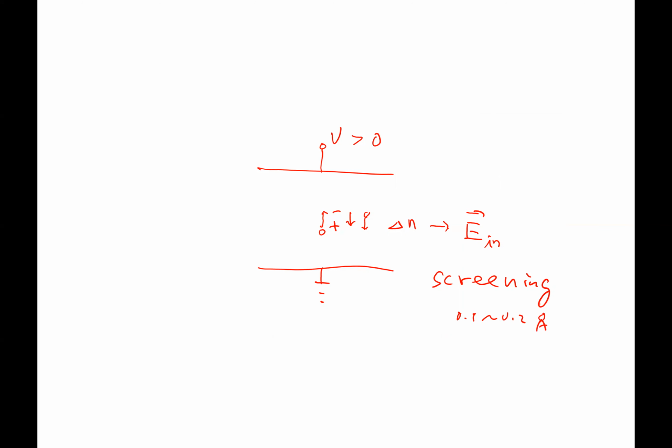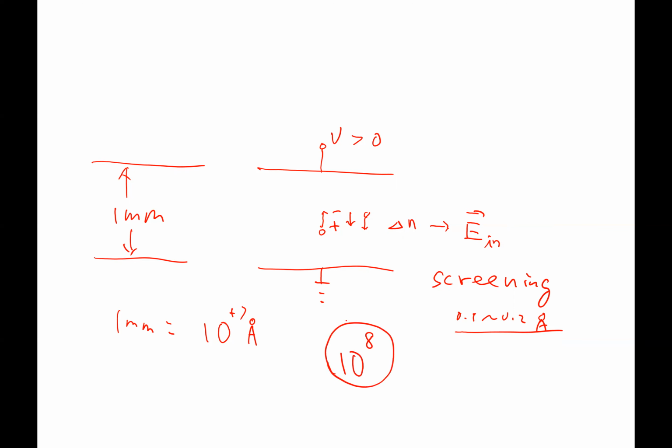This means that, for example, if this is a metal, a copper wire of 1 millimeter, that kind of size, 1 millimeter is 10 to the power 7 angstrom. If you change it by 0.1 angstrom, the ratio is 10 to the power 8. So this means that the change is negligible, right?